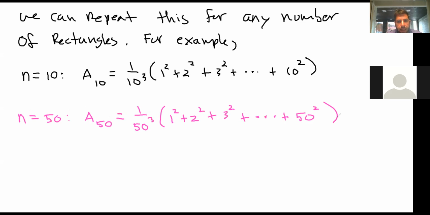And by the way, I can, with a calculator, readily compute these values. It's not difficult to do that. So for example, if I went to a calculator, I can determine that this number is approximately 0.385.